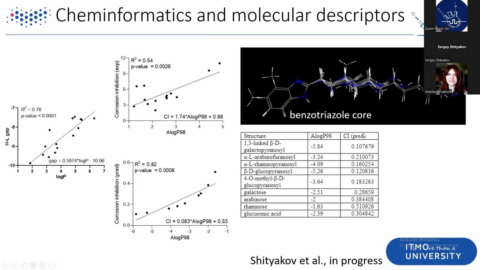So we took this equation to calculate the corrosion inhibition for these particular substances, representing the molecules from the Arabic gum and their activity against metal corrosion.